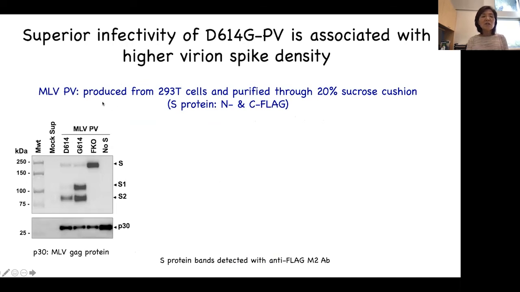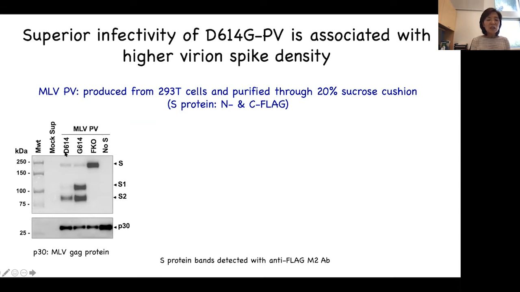We started with the murine leukemia virus PV, and purified it through a 20% sucrose cushion and ultracentrifugation. For the S protein, we used N-terminal and C-terminal double flag tags for the purpose of detection because we didn't have any other means to detect. The purified viruses were run directly on the gel and Western blotted with the flag tag antibody.